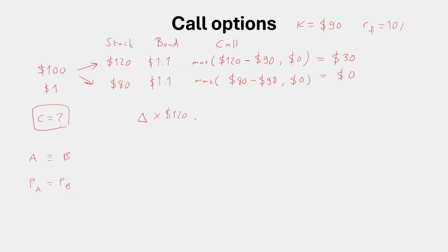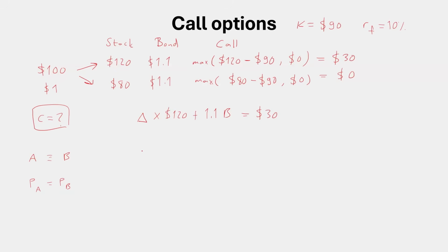And let's suppose I purchase an amount B of the risk-free bond. So it will yield me 10%. If I purchase $1, it will be 1.10. If I purchase $10, it will be $11. Okay. So I'm going to set this equal to $30, right?